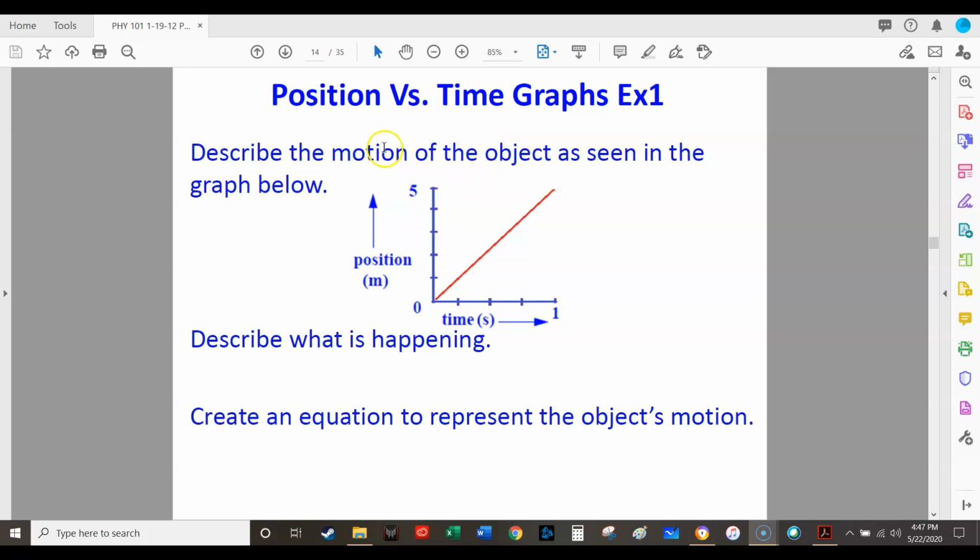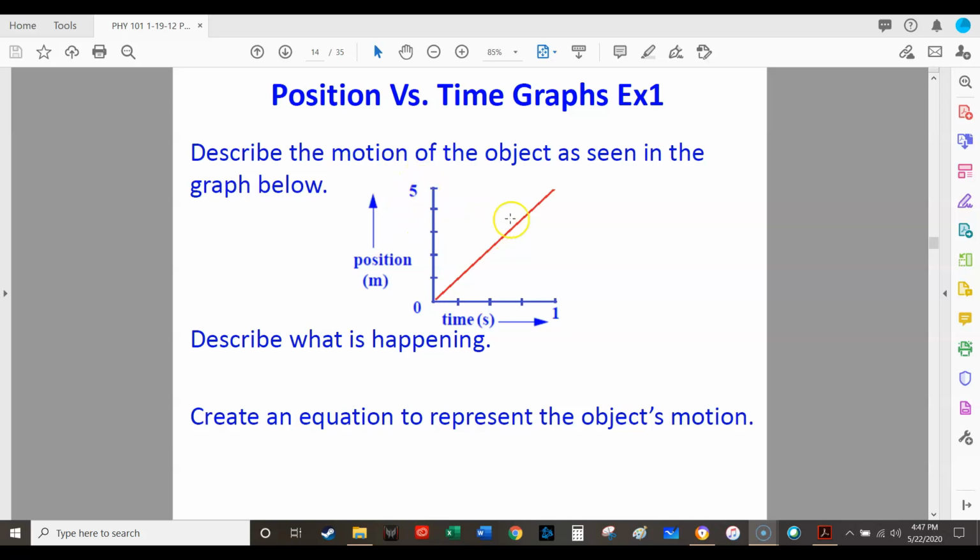Obviously, this is a position versus time graph, so you're going to have to pay attention to the vertical and horizontal axes and what they're labeled as, but also take a look at the units of those and also the scale. The data points are the red line. So go ahead and interpret this graph.